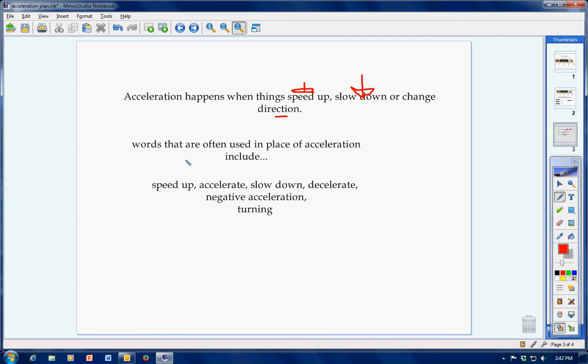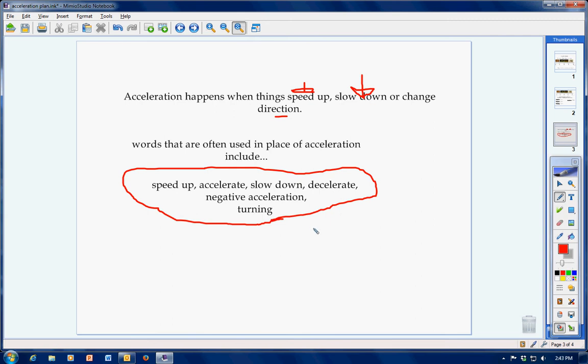Words that are often used in place of acceleration include speeding up, accelerate, slow down, decelerate, negative acceleration, turning. All of these words are words that are used instead of acceleration.